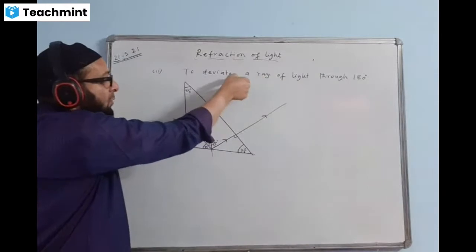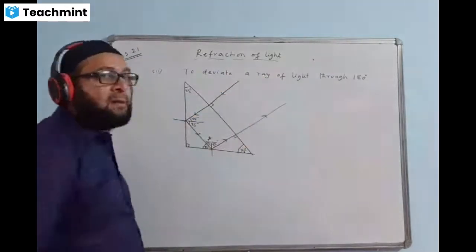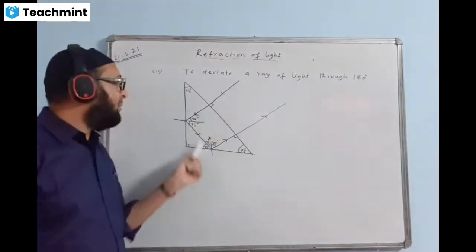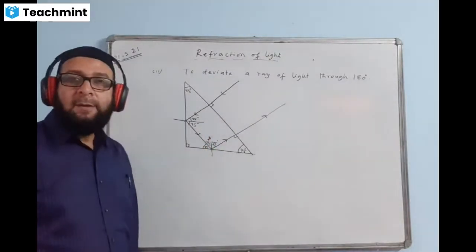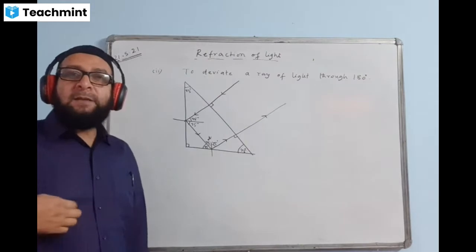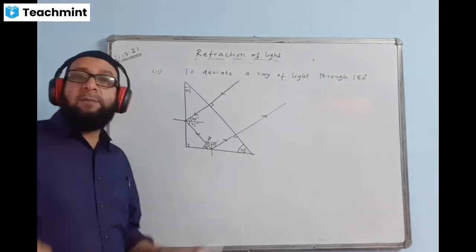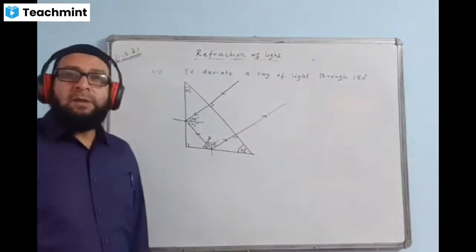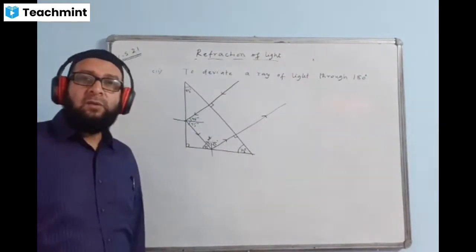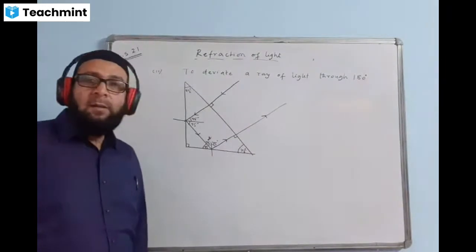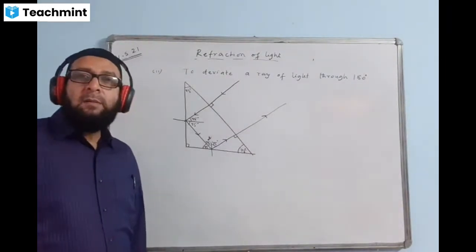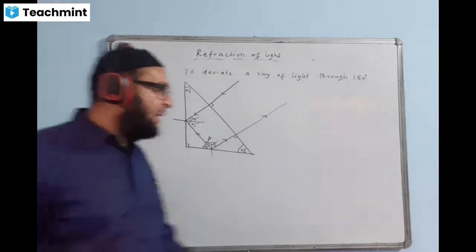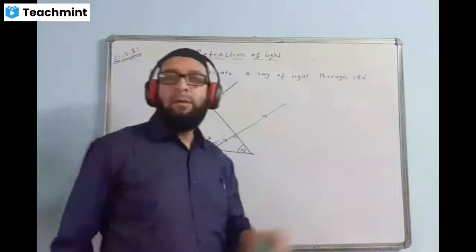Just hold on. The ray is returning back in the form of a U-turn. Just see the diagram over here. Where is this action of prism used? Now write down: this action of prism is used in a binocular.